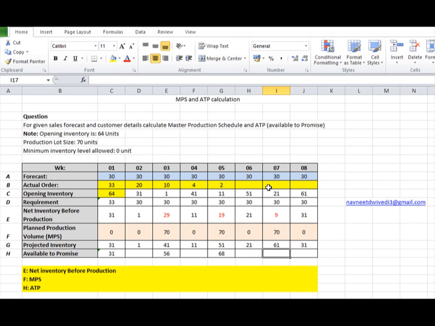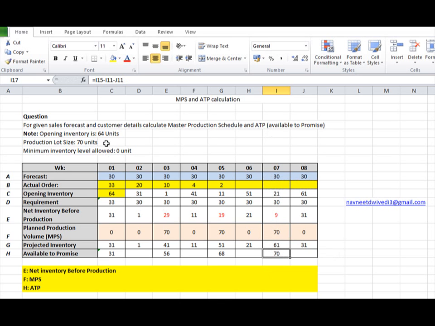That is, whatever we produce will be excess quantity that our marketing or sales department can push in the market to sell off. So it's equal to what we produced minus what was the order. It's nothing, it's just 0. So whatever we produced is available for sale in the market.